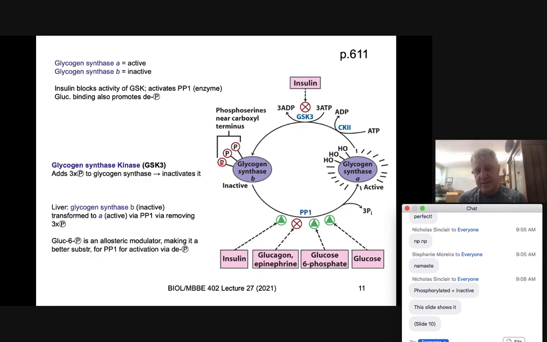So in this case, we're going to see a simple transformation of this particular process in this dephosphorylation component using the phosphoprotein phosphatase 1 enzyme, giving off those 3 phosphate groups. Once those phosphate groups are off the glycogen synthase, it is now active.